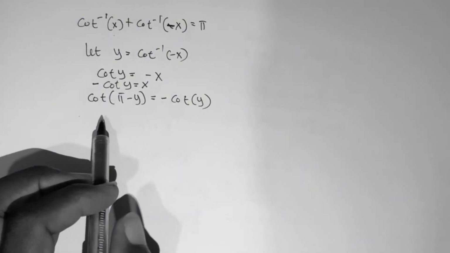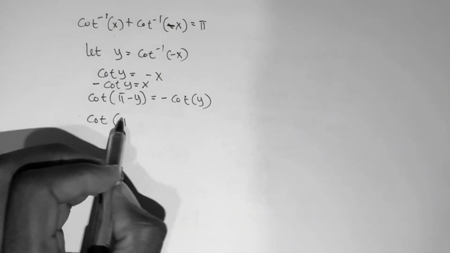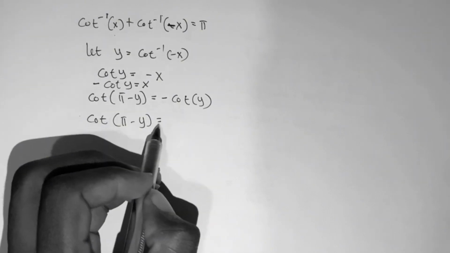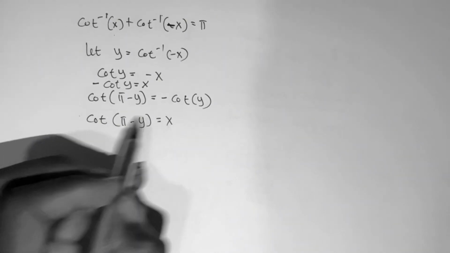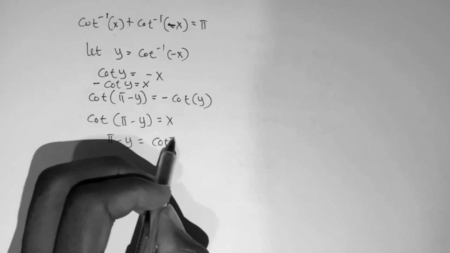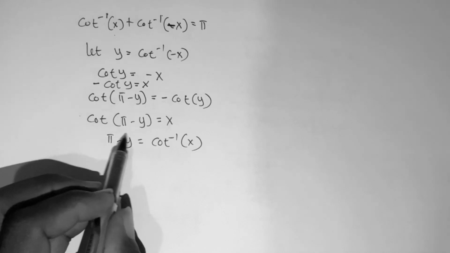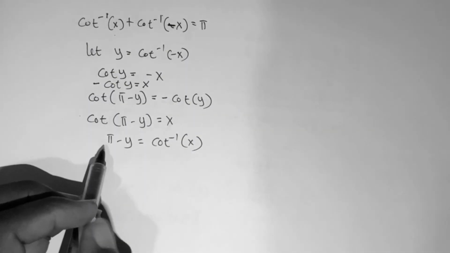So this implies that cot of (pi minus y) is equal to x, and therefore pi minus y is equal to cot inverse of x. So now y is the same as cot inverse of minus x.